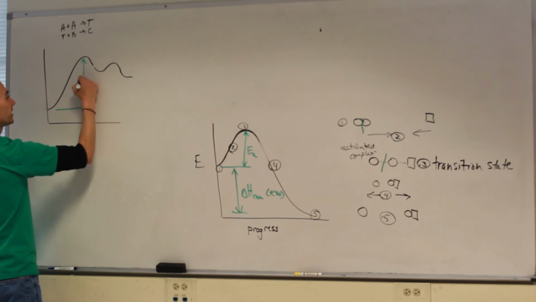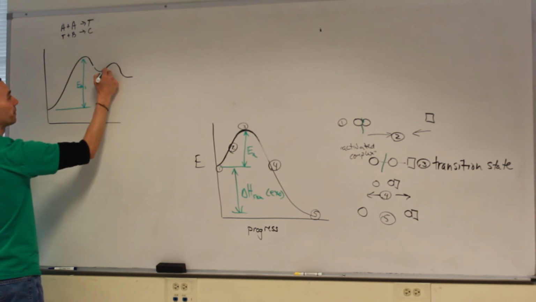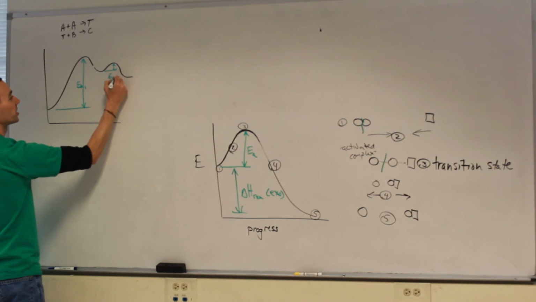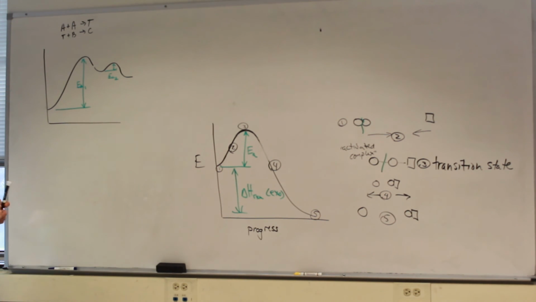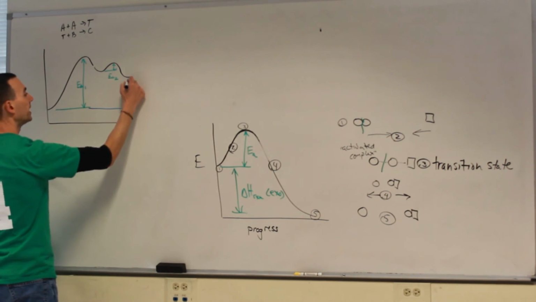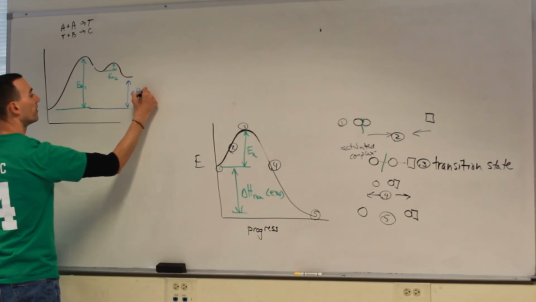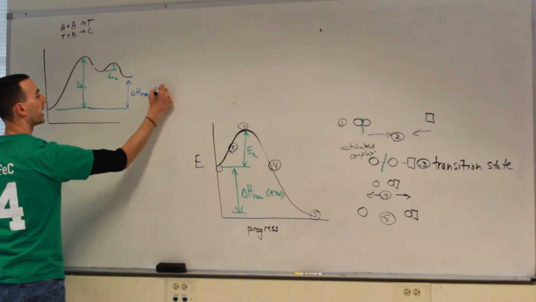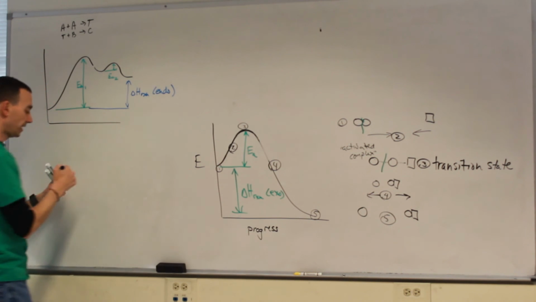This would be the activation energy for the first step, and then this much smaller one would be the activation energy of our second step. And this is why, if you look back in your notes, I would have said the first step was slower. Okay? Now this reaction overall, from where we start to where we end, is an example of an endothermic reaction. Okay?